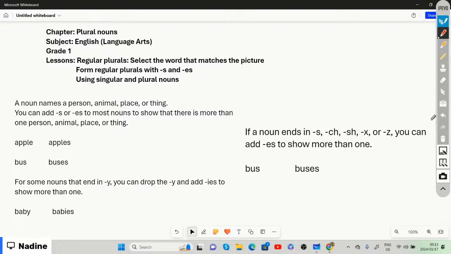A noun names a person, animal, place, or thing. But when it comes to plural, it means that it names more than one person, more than one animal, more than one place, and more than one thing.